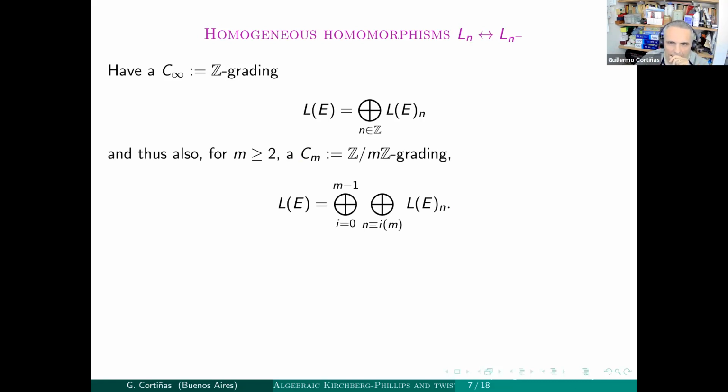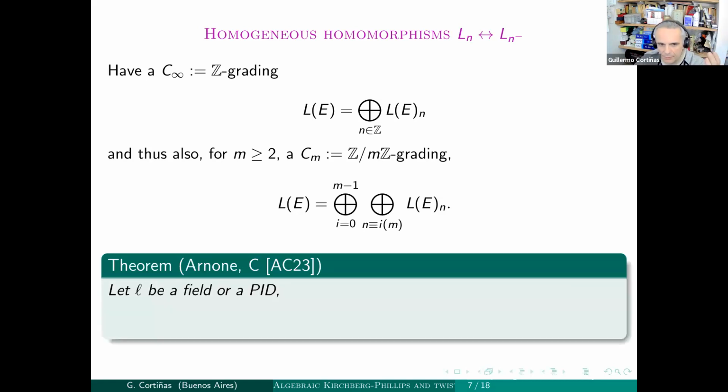And so you may ask whether there is an isomorphism between L_n and L_n minus that preserves any of these gradings. And we showed with my student Guido Arnone that if L is either a field or a PID, such as the integers, and n is bigger or equal than 2, these are the n's for which L_n is simple purely infinite.